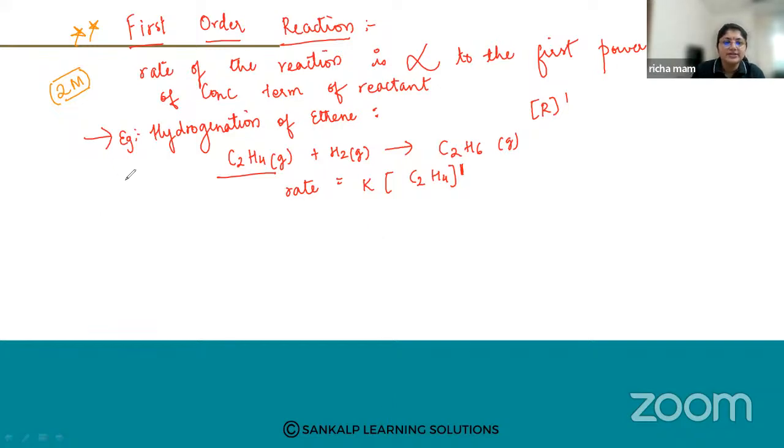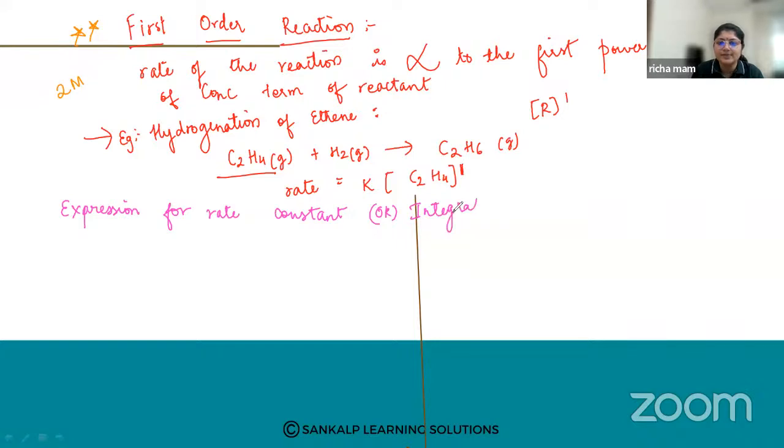Let us find out the expression for rate constant, or it is called the integrated rate equation for first order reaction.